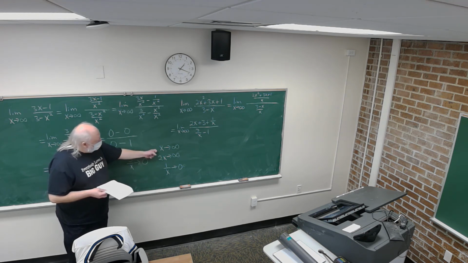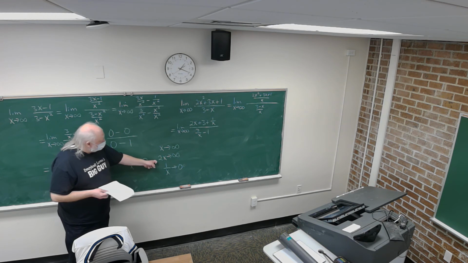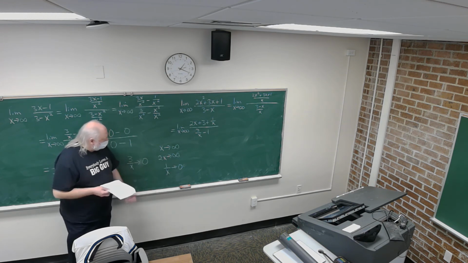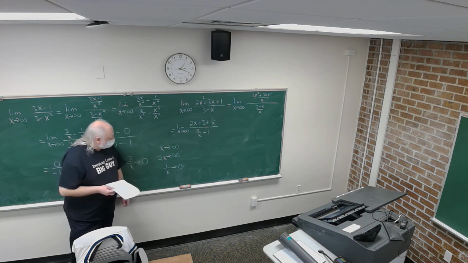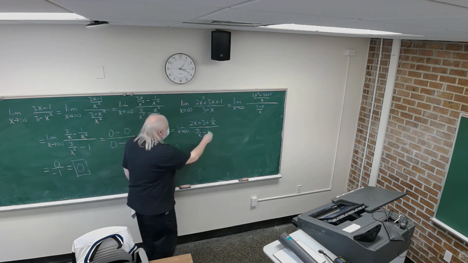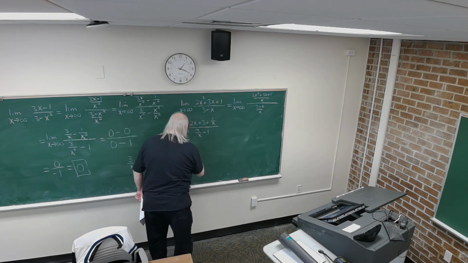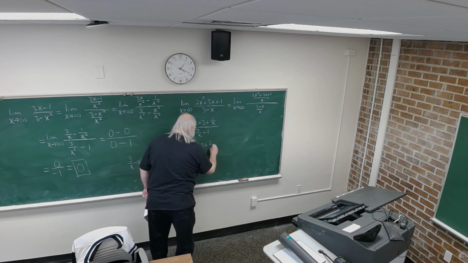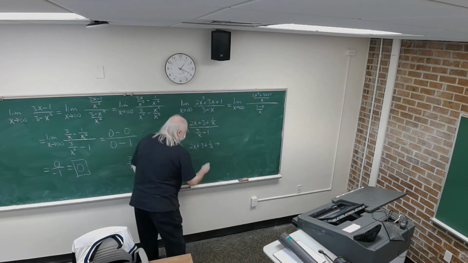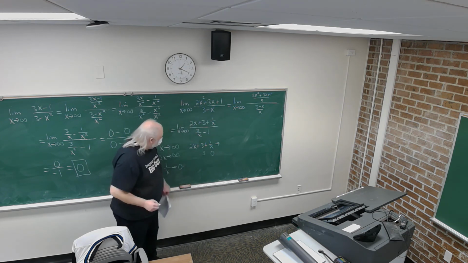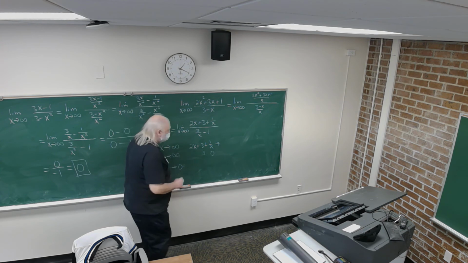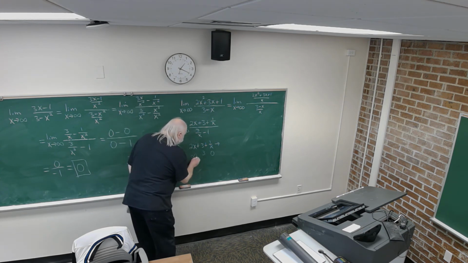So, as x increases without bound, 2x increases without bound, 1 over x goes to 0. So this numerator here, 2x plus 3 plus 1 over x: 1 over x is going to 0, 3 is just 3, but 2x is increasing without bound.